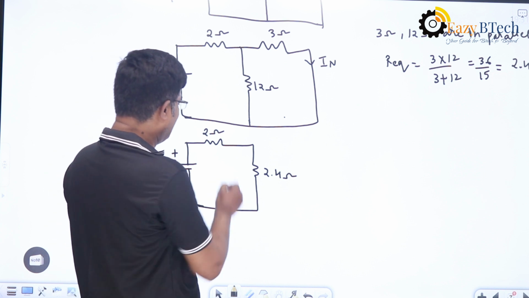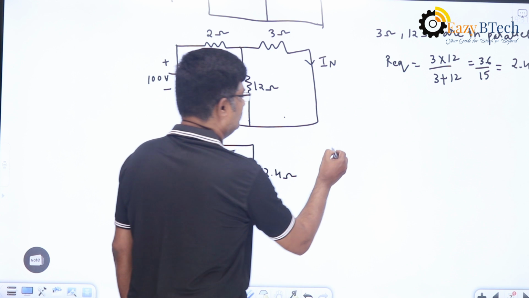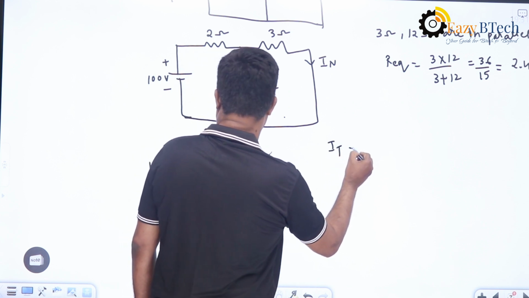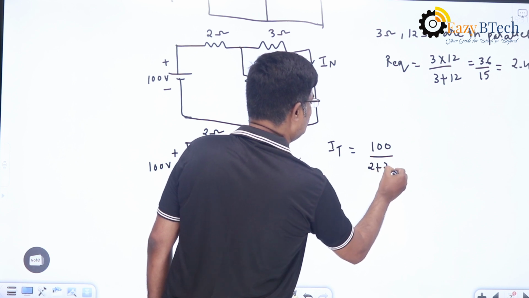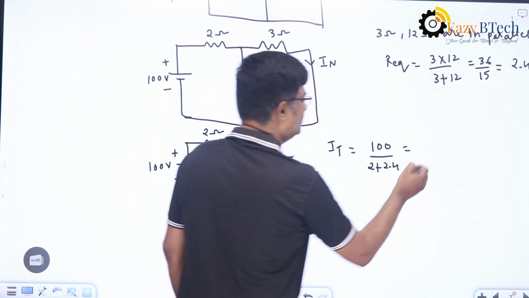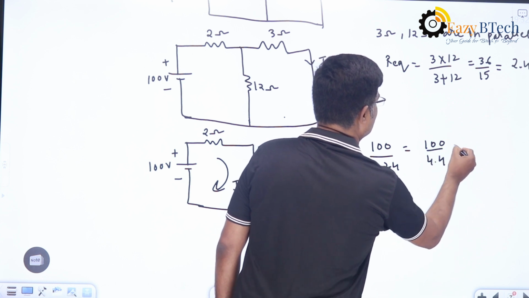I have to calculate the total current here. So my I total is equal to 100 divided by 2 plus 2.4, which is equal to 100 divided by 4.4.